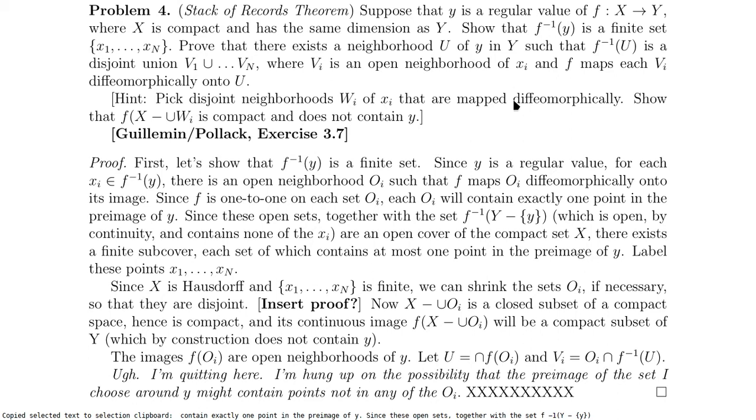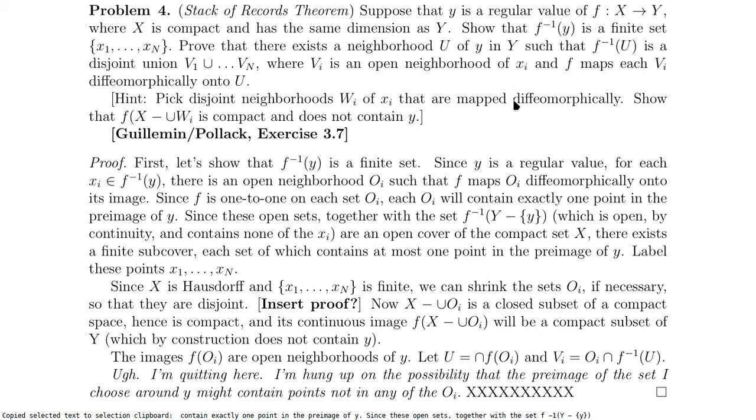Okay, the complement of that is going to be an open set containing Y. Yes. Yeah, it's going to be an open neighborhood of Y. Try to take the pre-image of that.